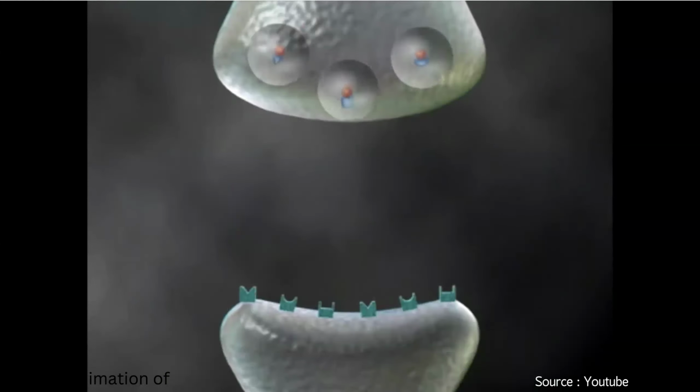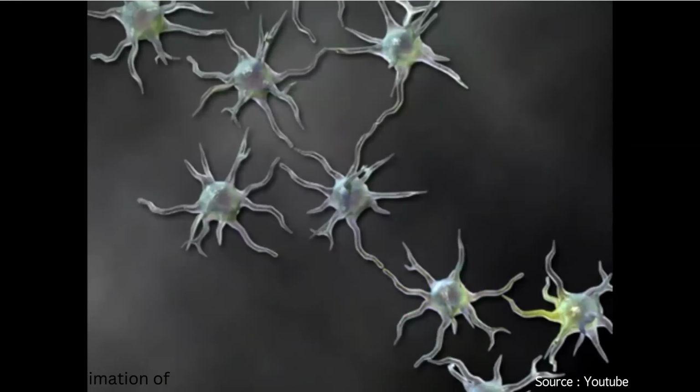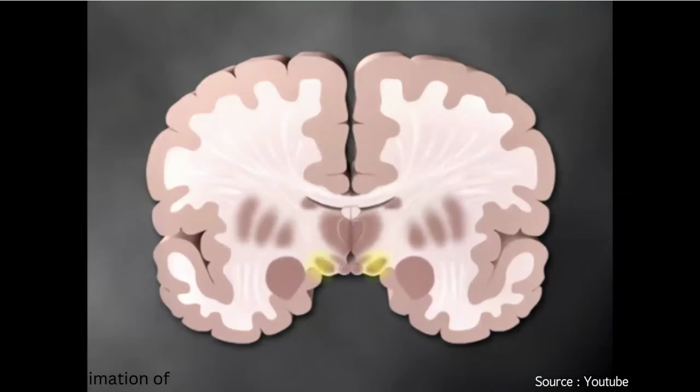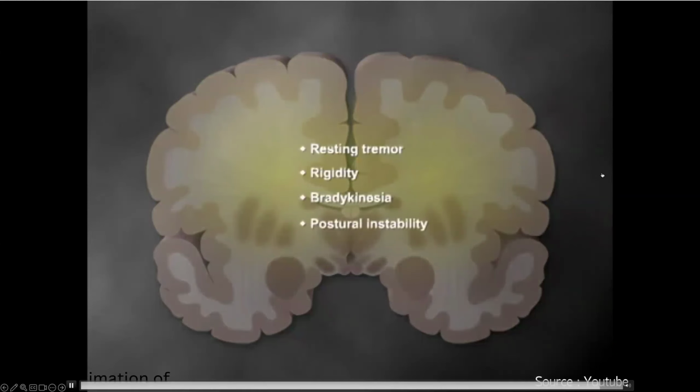Hence, there is no better connectivity between the extrapyramidal system and the pyramidal system. As this effect goes away, the pyramidal system becomes slower and slower, leading to the onset of the classical symptoms of Parkinson's disease.